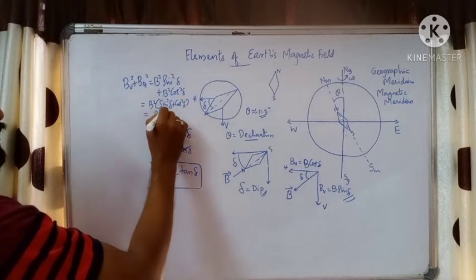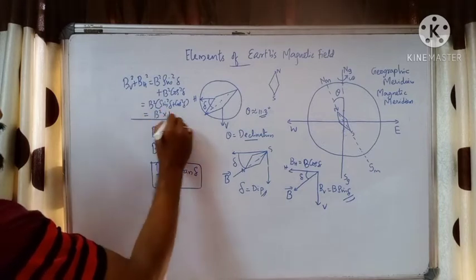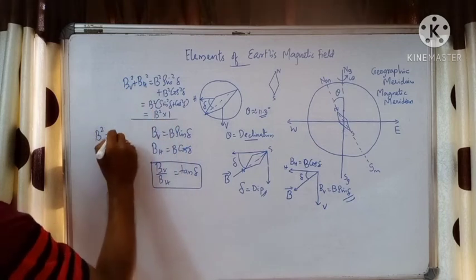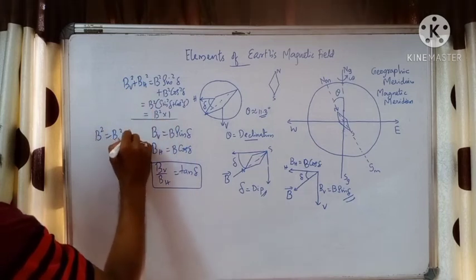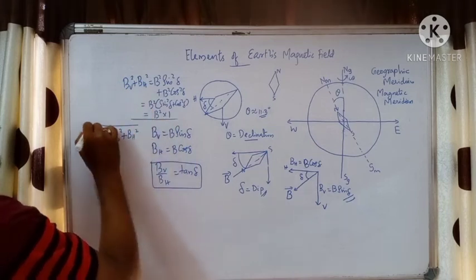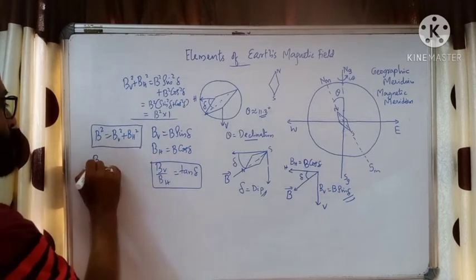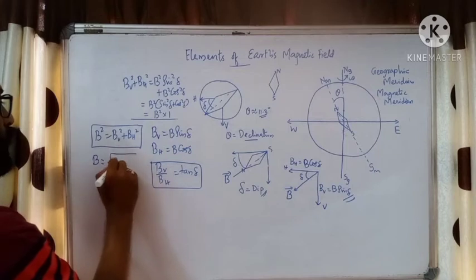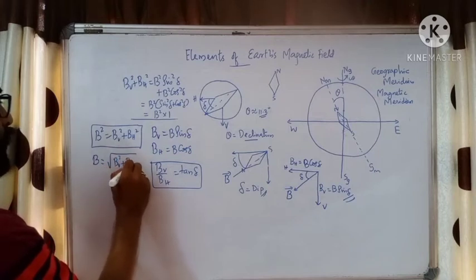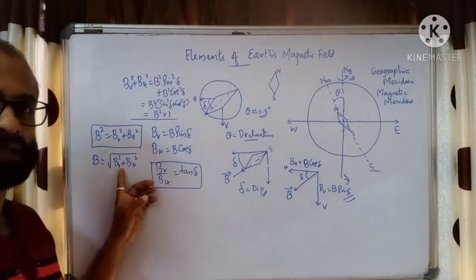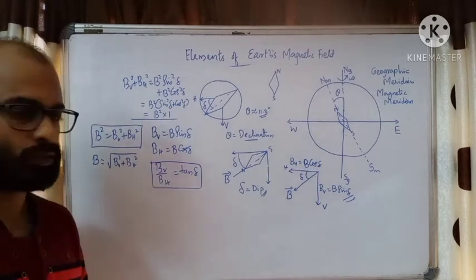So we get B square. B square is equal to BV square plus BH square. This is another relation for Earth's magnetic field: B is equal to the root of BV square plus BH square. Earth's magnetic field is the square root of the vertical component square plus the horizontal component square.